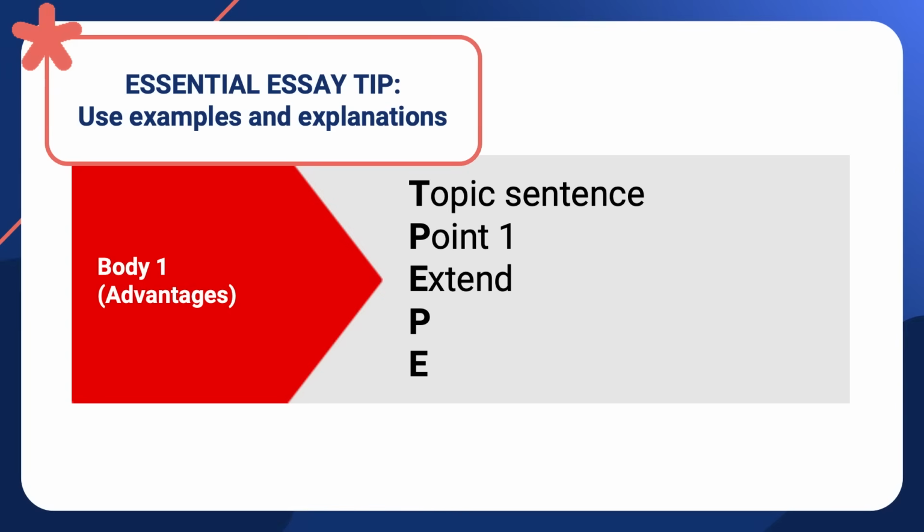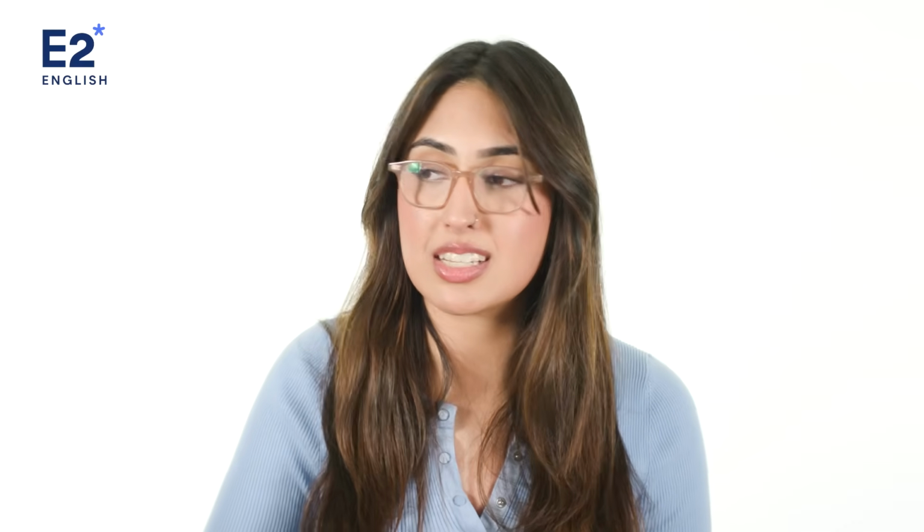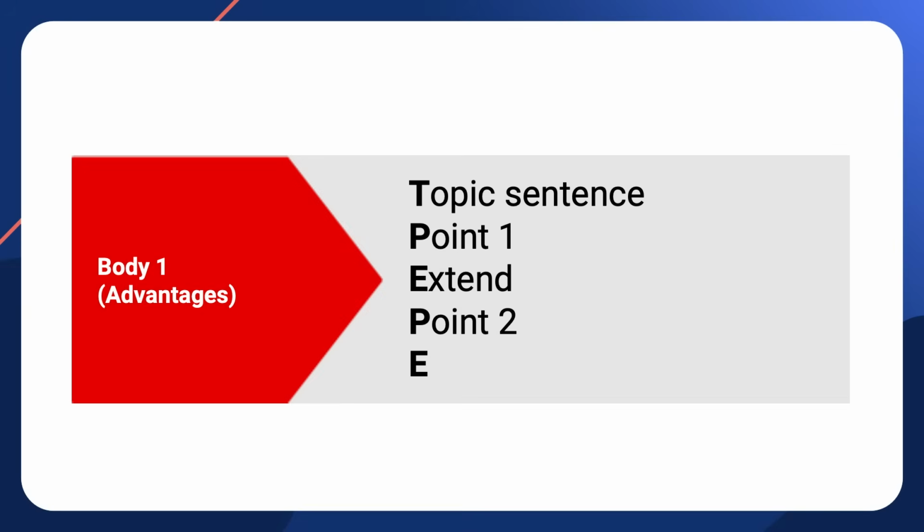When you extend your ideas about the advantage, you need to use examples and reasons and explain your idea fully so that you can get full marks when you're responding to the essay prompt. After that, the next P stands for point 2, where you make your second advantage known, and you then need to extend it again with examples and explanations.